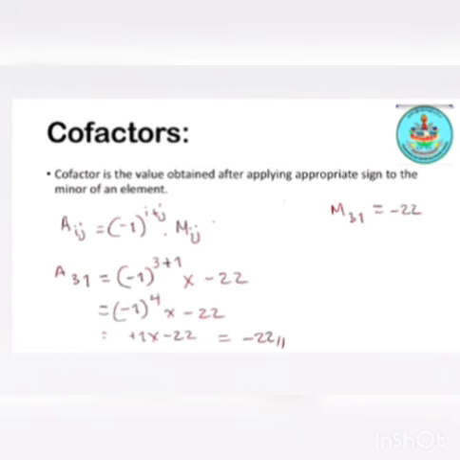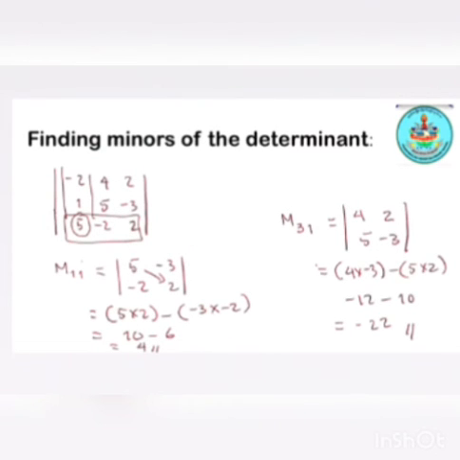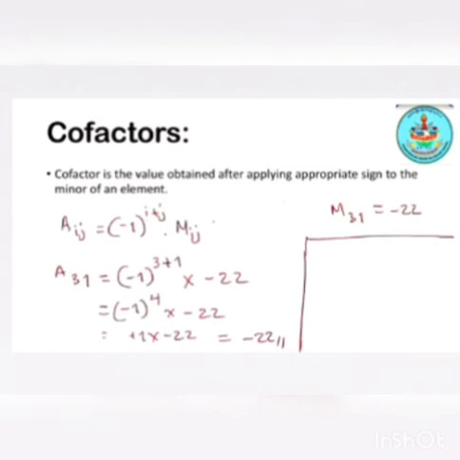If you want to see another example, let's take our own example. M11, the value is 4. So what would be the cofactor? Our M11 was 4, so what is our cofactor A11?